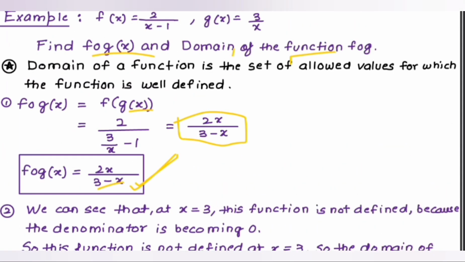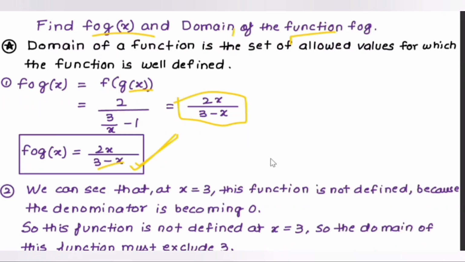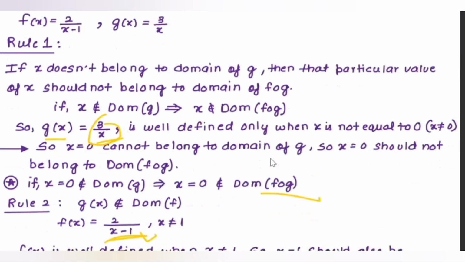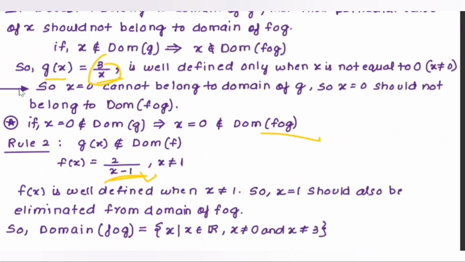If you put x as 0, your function will be undefined. That means your domain is not even taking 0. That means your x should not be 0, your x should not be 3. Rest, it can take any of the values.